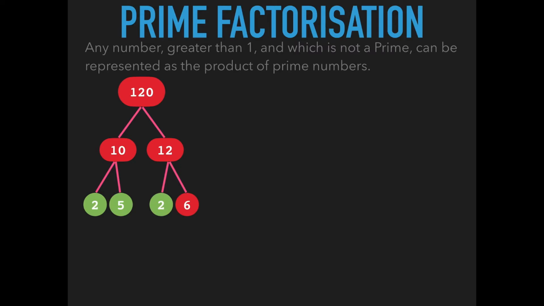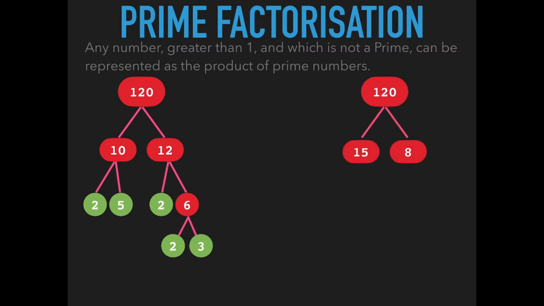Now 6 is still not a prime number, so that can be factorized as 2 times 3. So this is the factorization of 120, and we keep on doing factorization till we get prime numbers at the end.